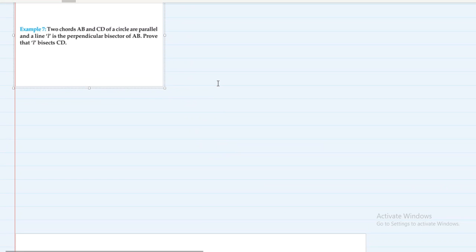There are 12 questions in all. Two chords AB and CD of a circle are parallel and a line L is perpendicular bisector of AB. Prove that L bisects CD.